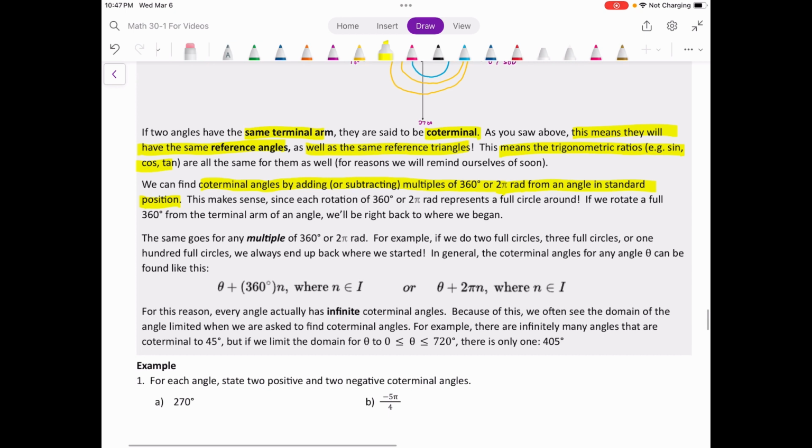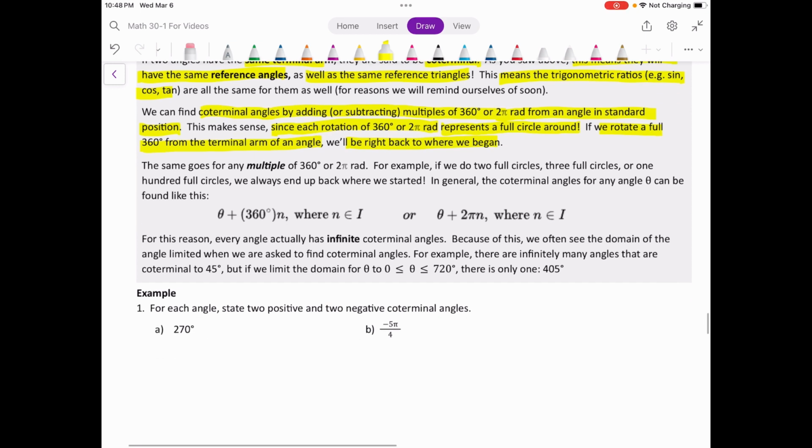So each rotation of 360 or 2 pi in either direction, whether it's positive or negative, represents a full circle around. So adding or subtracting 360 from an angle is always going to give you an angle that is coterminal to that angle, okay? So rotating a full 360 or a full 720 or a full 1080, any multiple of 360, we're going to end up right back where we began, right?